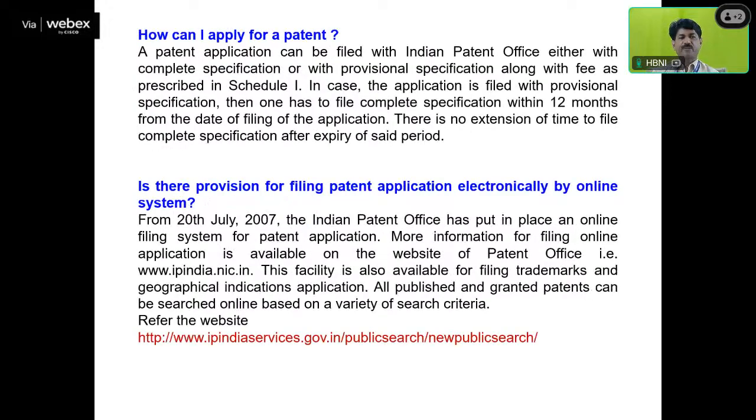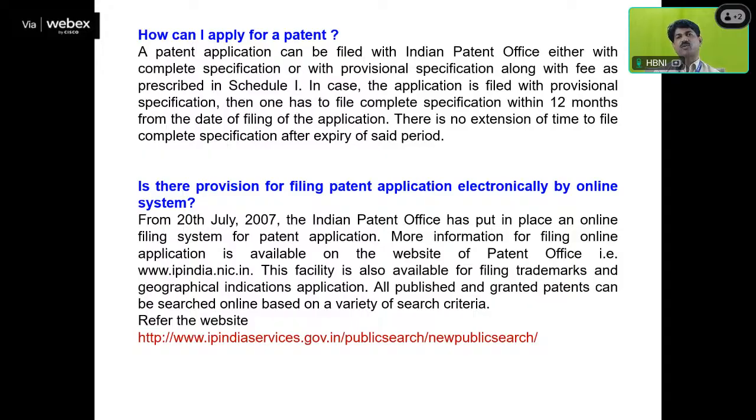So how can I apply for a patent? A patent application can be filed with the Indian Patent Office either with a complete specification or with a provisional specification, along with the fee as prescribed in Schedule 1. You can get this from the Indian Patent Office, the internet and literature also.